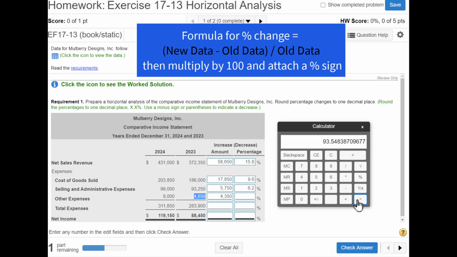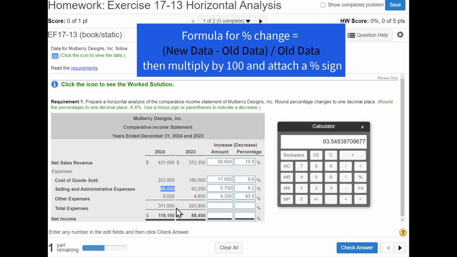So 93.5%. This might look alarming. We have an expense that almost doubled. But remember, these are in comparison to the other expenses. This 9,000 is minor compared to 203,000 and 99,000. But still, someone should look into why the other expenses increased so much.